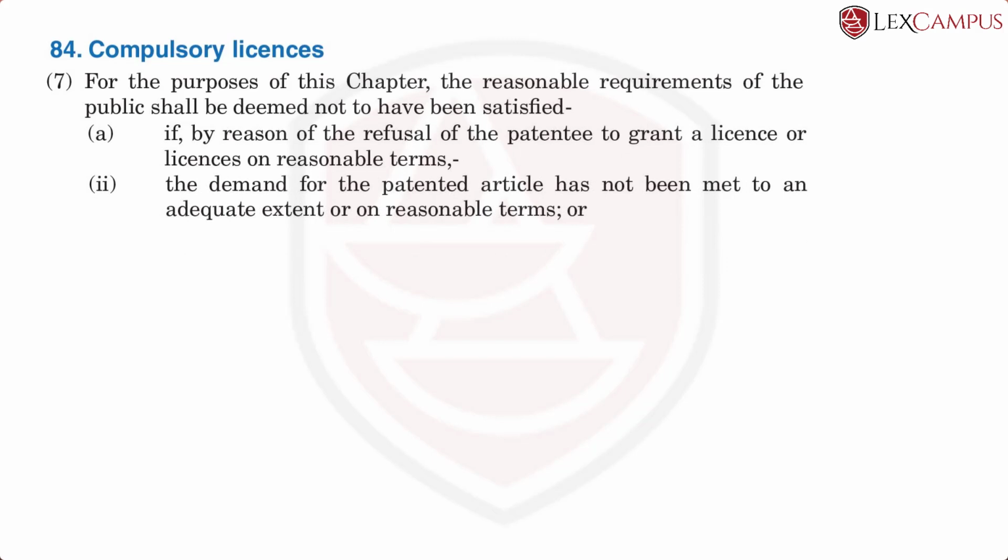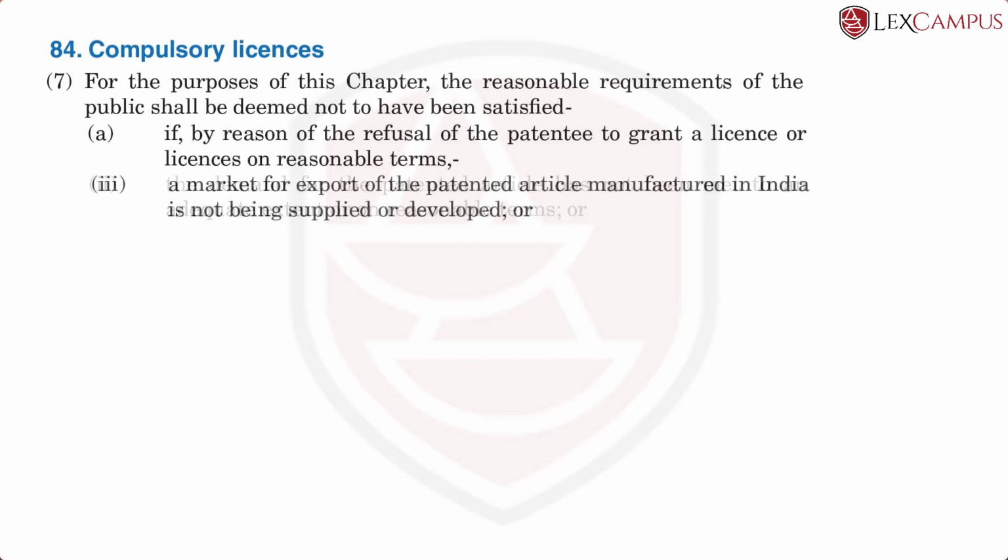2. The demand of the patented article has not been met to an adequate extent or on reasonable terms. There is a demand for a patented article, say a life-saving drug, and it is not met to an adequate extent or on reasonable terms. 3. The market for export of the patented article manufactured in India is not being supplied or developed.